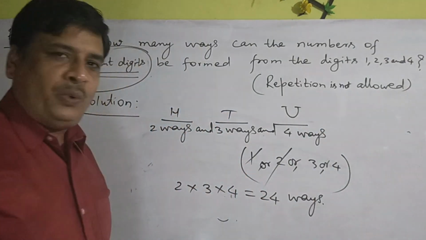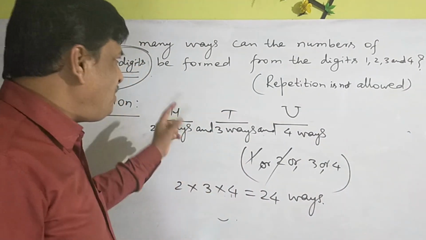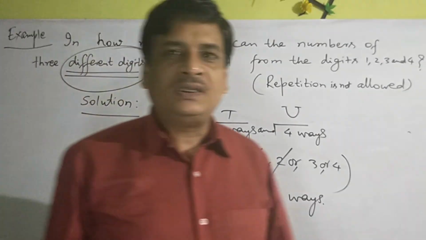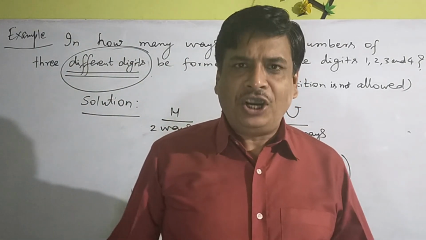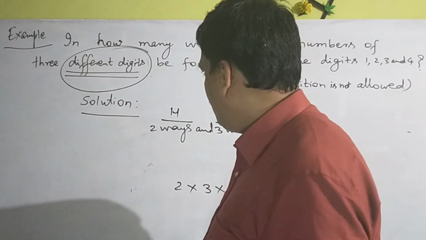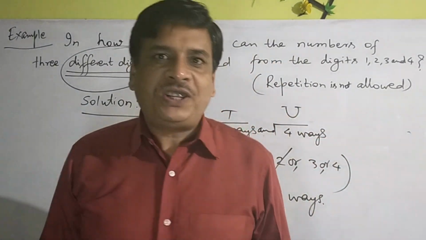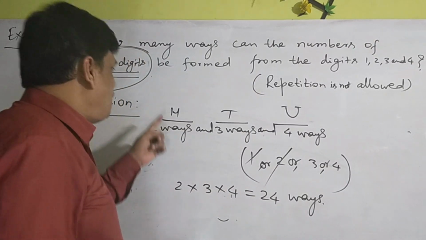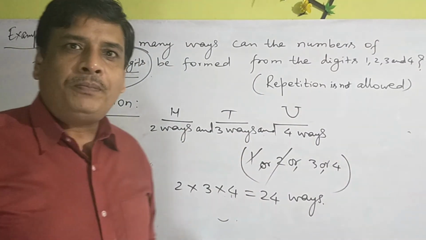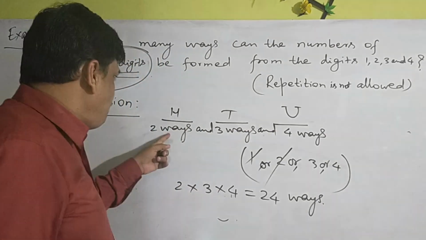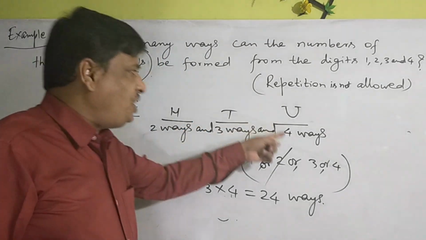The total is 24 ways. As no condition is given, whether the number is even or odd or any other, we can fill up these vacant places starting from the hundreds place also. We can start with filling the hundreds place, then tens, then units.